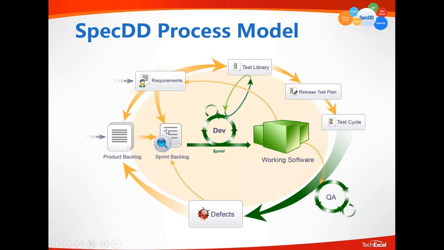But if you look inside, it's going to be a set of stories and tasks and possibly QA testing subtasks as well inside the sprint backlog. They are committed from the requirement and from the product backlog.